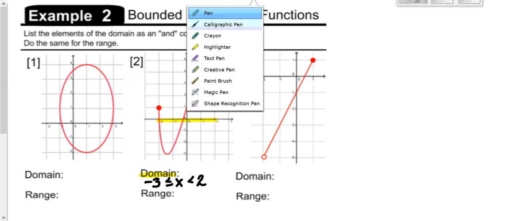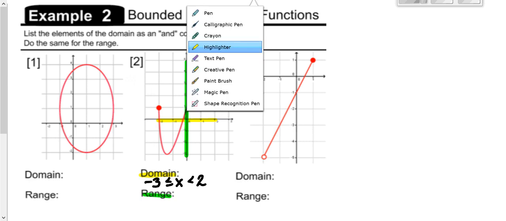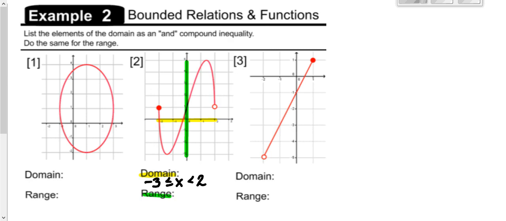Okay, so now let's look at our range, or all of my y values. So I'm going to start with the least and highlight all the way up to my greatest y value. So I can see my least y value is -3.